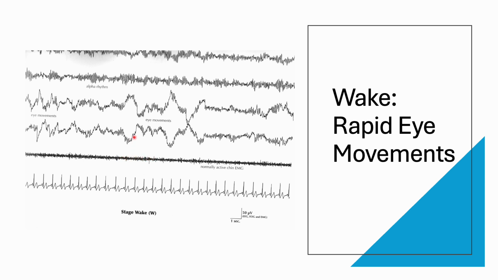And the eyes are deflecting away and towards each other. And we know these aren't brain waves because the alpha is here. The eyes are deflecting towards and away from each other, meaning conjugate movements.